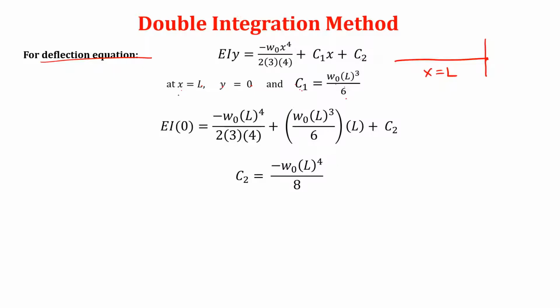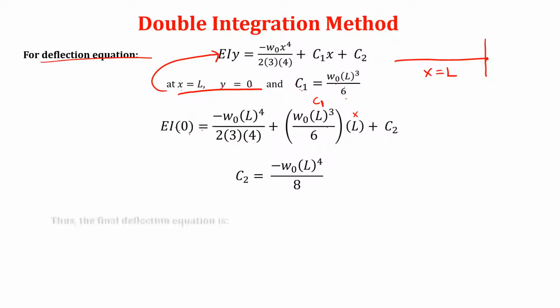So we substitute it here. We have EI times 0 equal to negative w0 times L to the 4th over 2 times 3 times 4, plus C1, which is w0 L cubed over 6, times x, plus C2. Therefore, solving for C2, we have negative w0 L to the 4th over 8.